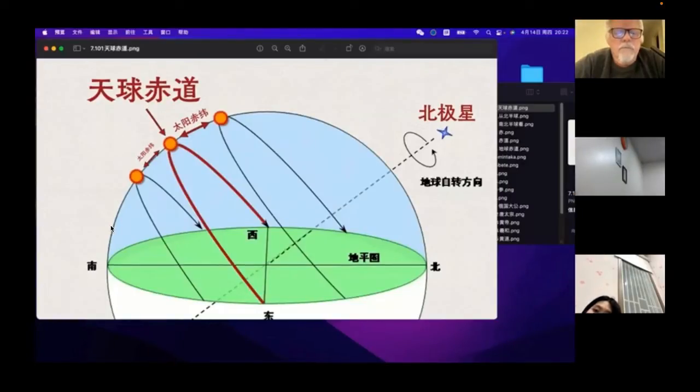这个路从绝对东到绝对西，这个叫天球赤道。天球 means the star sphere, and 赤道 means the red path.